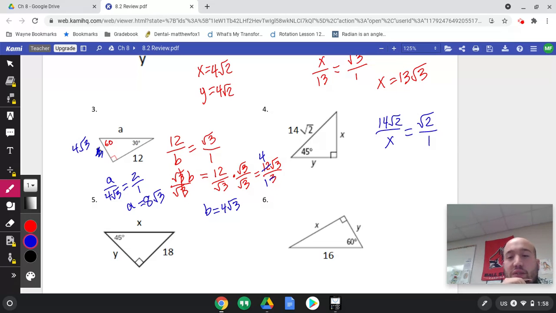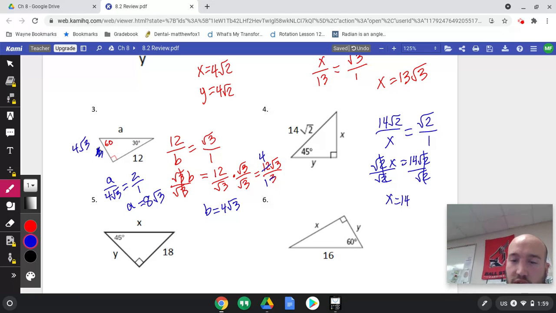That's the hypotenuse over our leg from the original. We cross multiply. Square root of 2x equals 14 square root of 2. We divide. Those cancel. We're left with x equals 14, which also means that y is going to equal 14.